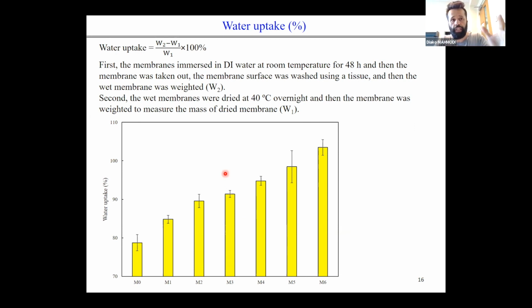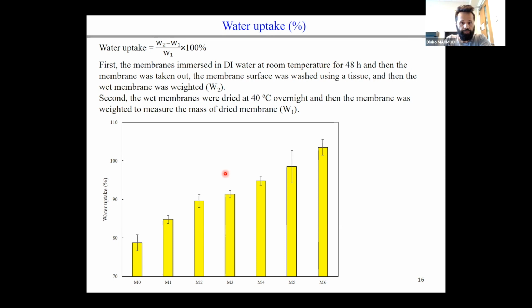What's water uptake? First, we immersed the membrane inside water for 48 hours, and then the membranes were taken out, the membrane surface was washed, and then we weighed the membrane. We call it W2, the wet weight of the membrane.